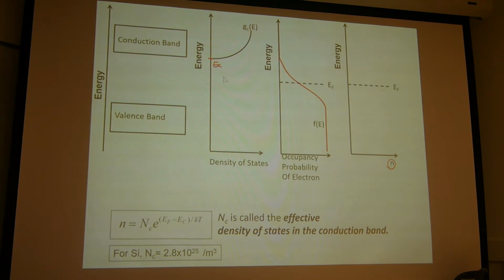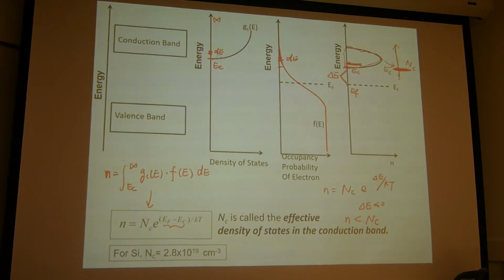We use the density of states and the Fermi function to determine the electron density in the conduction band. We look at the multiplication of the density of states and the Fermi function, and get this distribution of the electrons in the conduction band. Further, we did an approximation, assuming that all the electrons are accumulated at the EC level, and we give an effective density of states for this level.